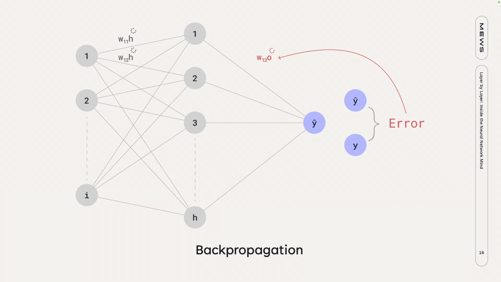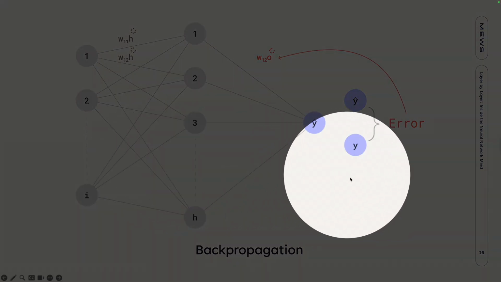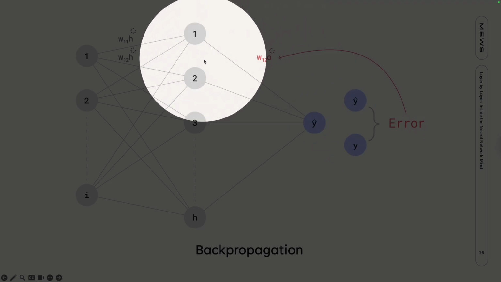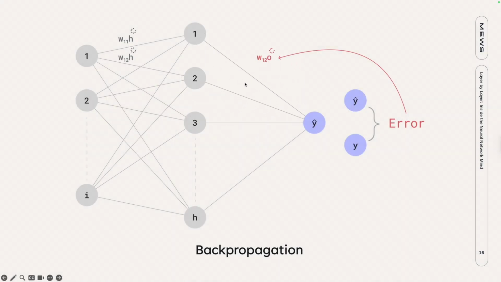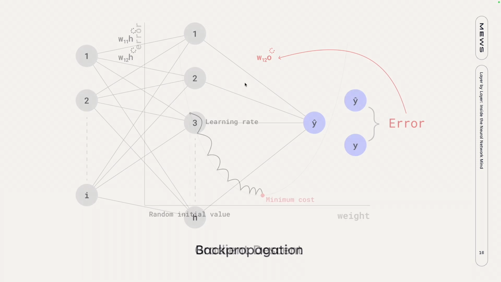I don't want to dive that much into detail. So let's just say that we use an error function to calculate some kind of value and then use it for updating those weights. And we also take care of updating those values according to their influence on the error. So we need to update the weights in a way so that the resulting error is minimized. So the next run for the same input should produce less error than the previous one.